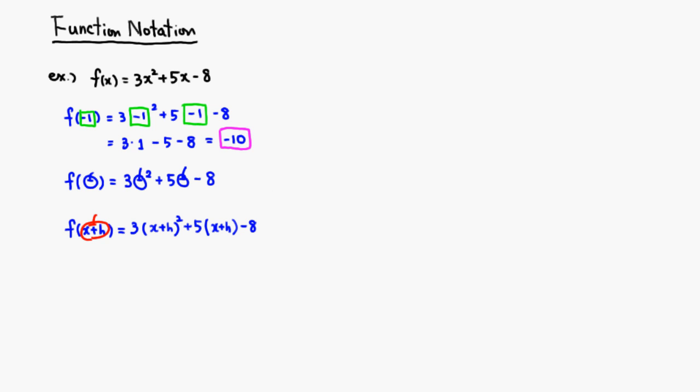Then all you have to do is multiply it out. So you have 3 times x plus h squared. Remember that if you have a plus b squared, then this is a squared plus 2ab plus b squared. I'm using that to compute this, where x is like a and h is like b.